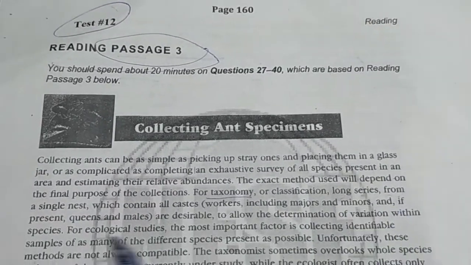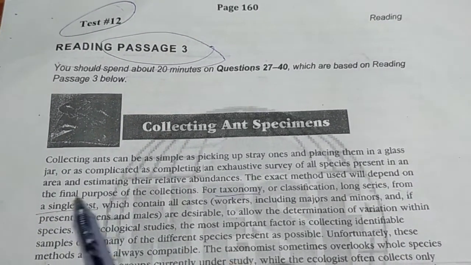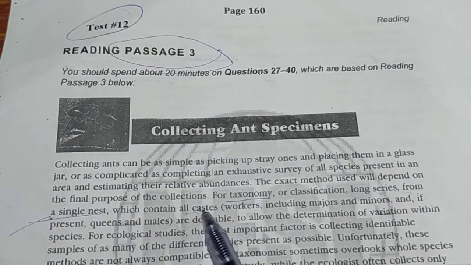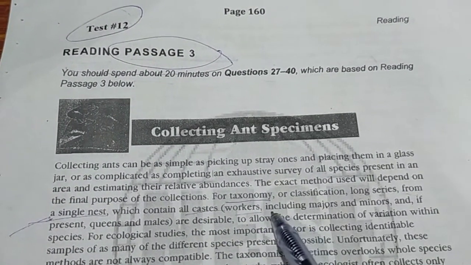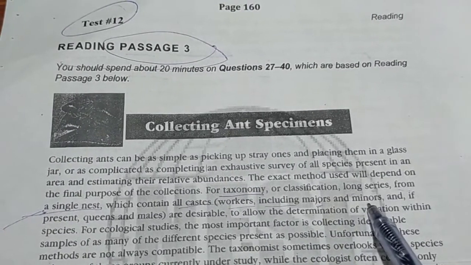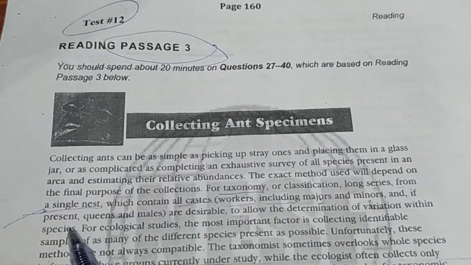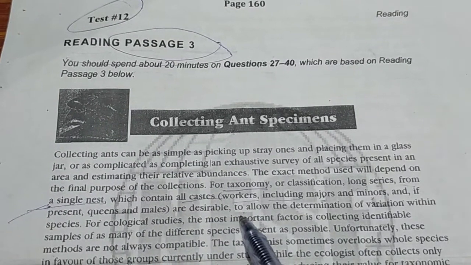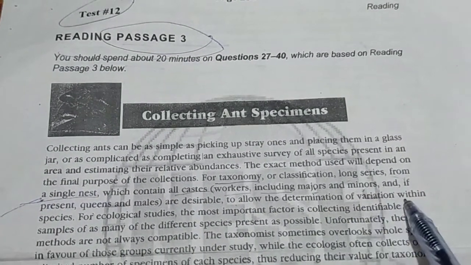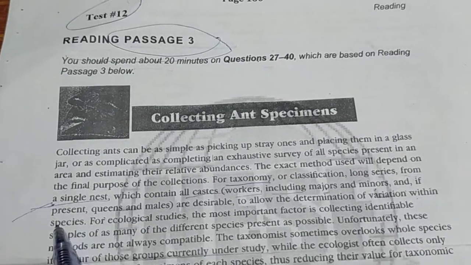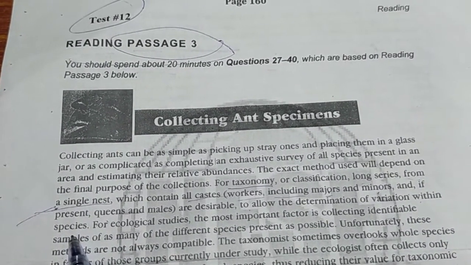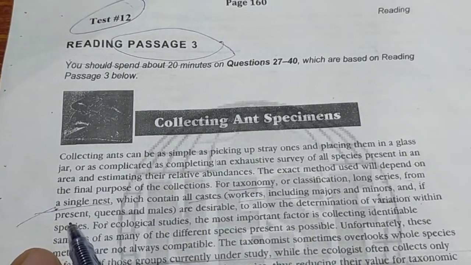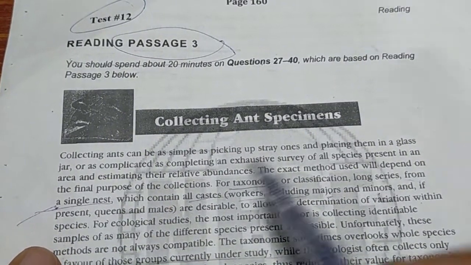Long series from a single nest. Single nest means one group of ants, which contain all castes, workers, including major and minors, and if present, queens and males, are desirable to allow the determination of variation within species. So it is the same as the writer tells us.